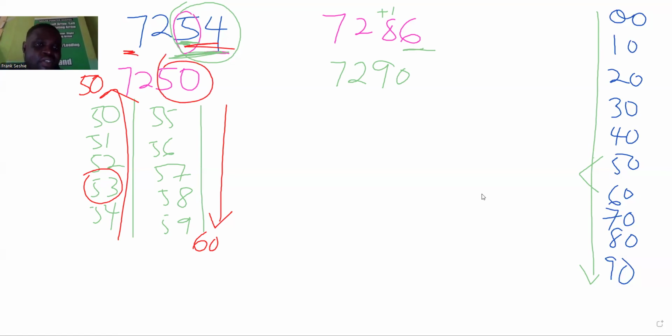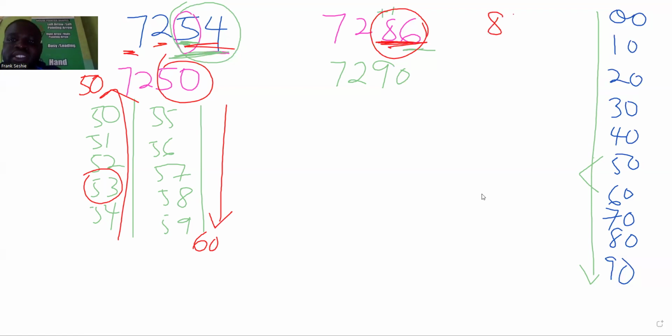The 7,000 and the 200 are maintained, because that is not what we are approximating. Now watch the second question with 86, the units digit 6 and the tens digit 8. Why do we add 1 to the 8? The tens digit is 8.